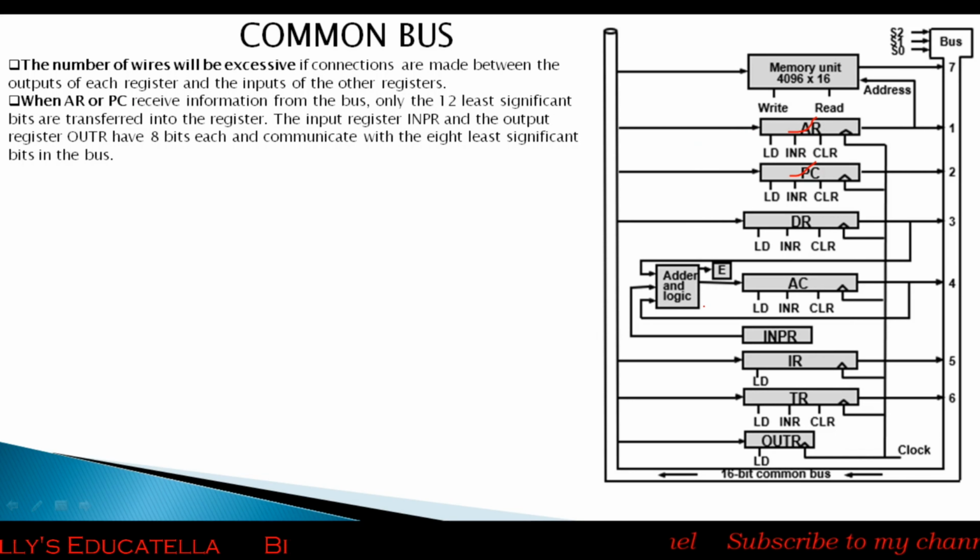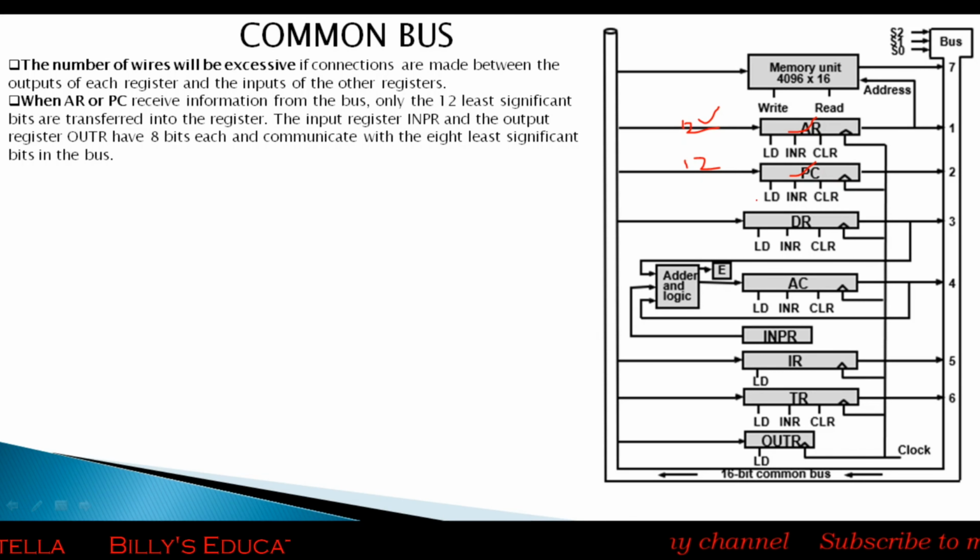How do they receive the inputs? Only 12 bits will be given as inputs. The address register and the program counter are 12 bits, but this is a 16-bit common bus. So of the data in the 16-bit common bus, the least significant 12 bits will be carried as inputs to the address register and the program counter.